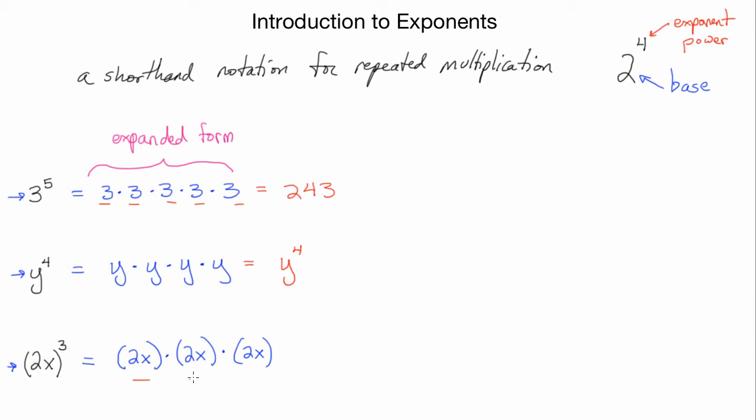There's 1, 2, 3, 2x's all multiplying each other. All right, let's get a little more fun with this one. I can take away the parentheses and think about 2x is 2 times x and rewrite this whole problem like this. 2 times x times 2 times x times 2 times x. So now I've expanded my expanded form out even more.